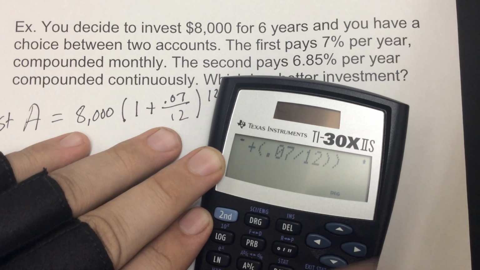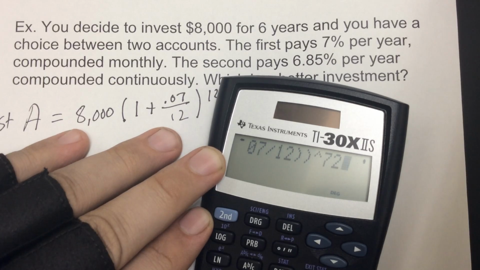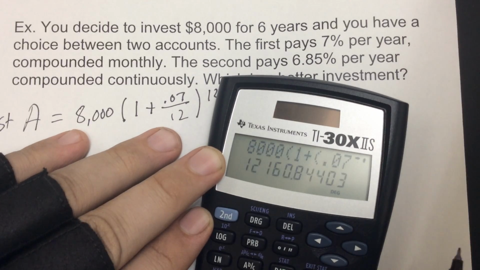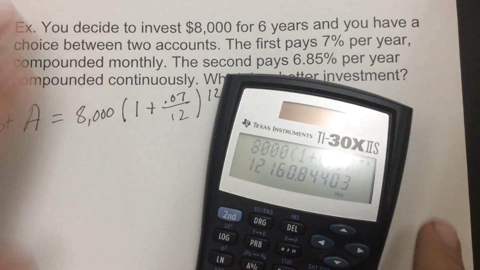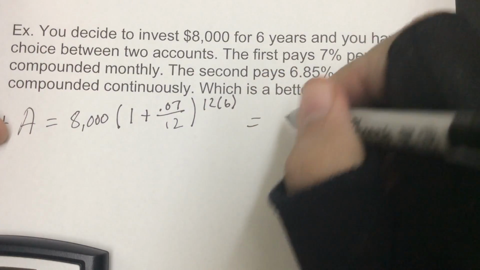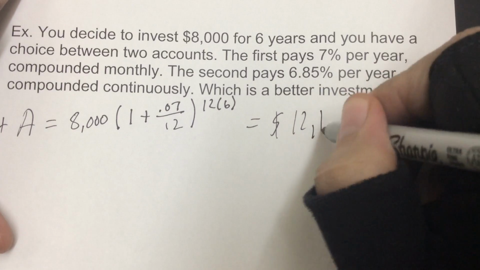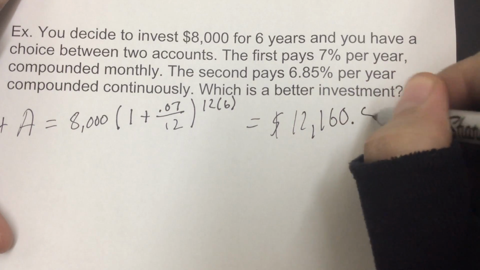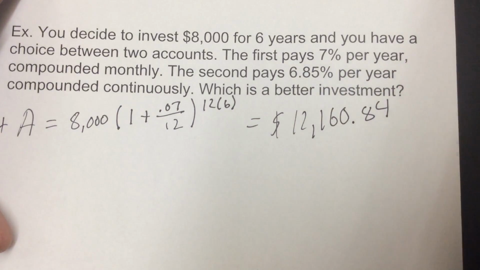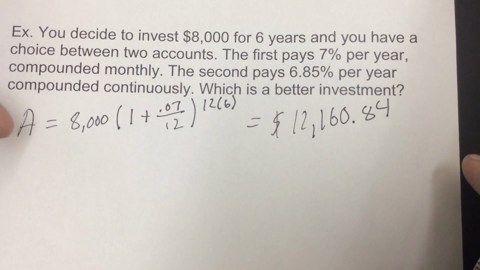I'm going to close it again and then raise it. 12 times 6 is 72, so I can make this to the 72nd. And when I hit enter, I have 12,160.864, so $12,160.84. Not bad for 6 years. You're getting a little over 4,000.